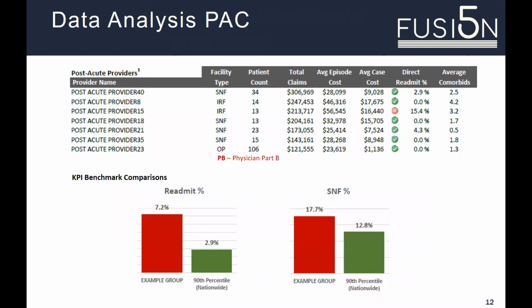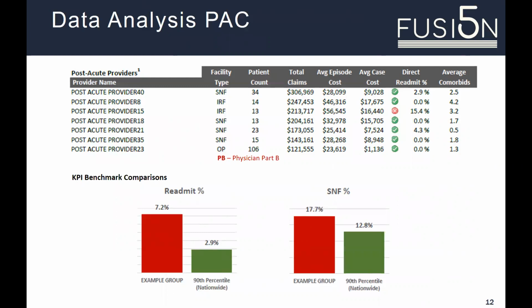You look down and you see that the next one had 13 patients, and you have a $15,000 average cost. Now, why is there such a difference between the two? That's something that we're going to want to look at and see if there's issues going on with post-acute provider 18, something that they were doing or a reason that they were much higher than the previous one.